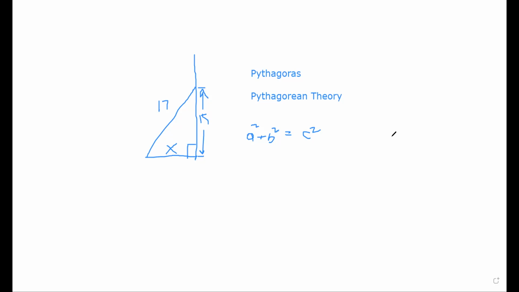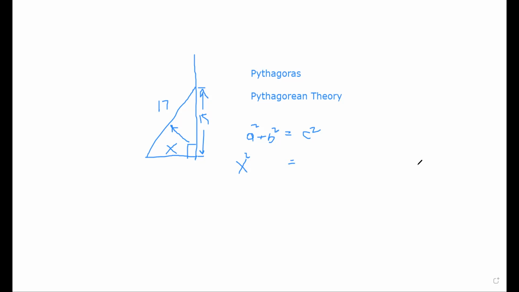So where do I put these numbers now that I've got the right theory figured out? The shortest side, I almost always say, is A. The hypotenuse is always C. Jonathan and I were talking about that yesterday with some trig stuff because it's true with every right triangle.